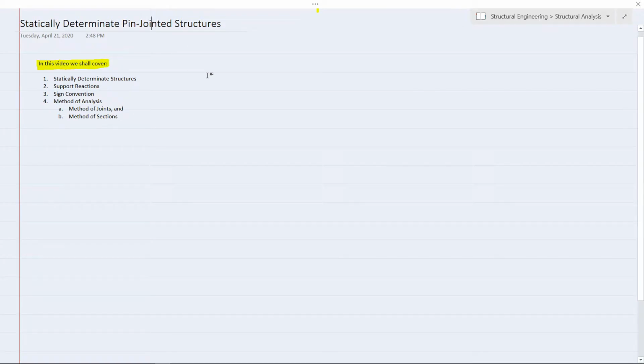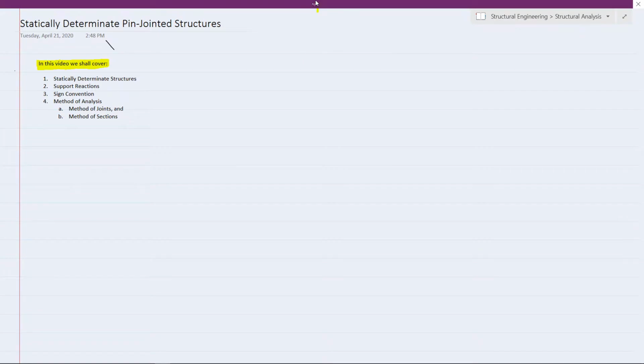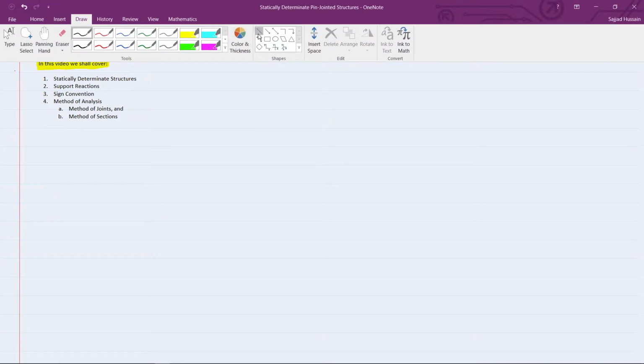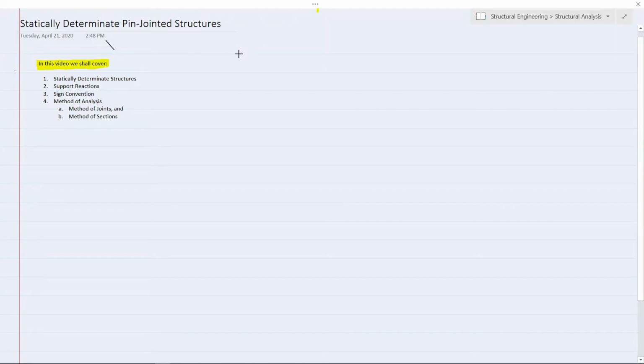Now, to start with the concept, let's explain like this. Suppose I have 4 bars.